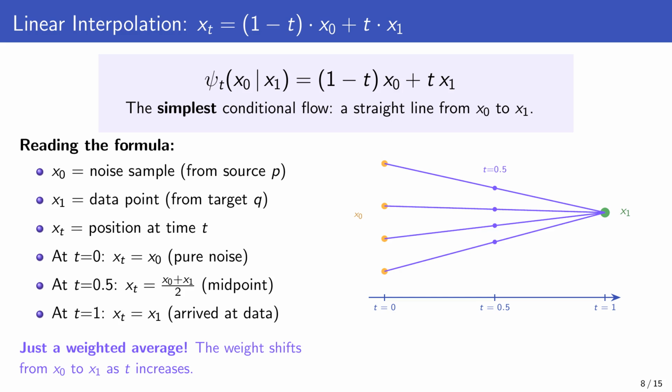Several noise points, shown in orange on the left, are connected by straight lines to a single data point, x1, shown in green on the right. The purple dots mark the midpoints at t equals 1/2. Every sample travels in a straight line from its starting noise position to the same destination, x1. This is as simple as a path can be. And remarkably, this simple choice turns out to be not just adequate, but in some sense optimal, as we will see shortly.